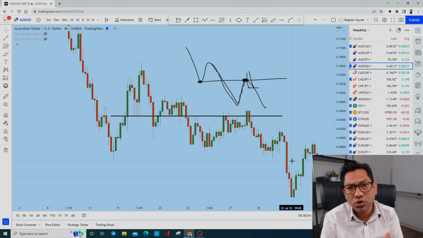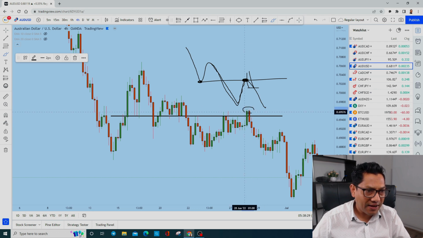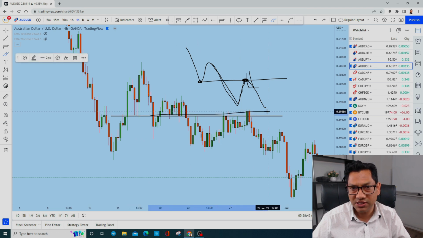And now when to sell is based on what kind of candle it is forming. So three questions: whose market is this, will determine whether to sell or buy. If you see this is a seller's market, a downtrend, we will be selling. Where to sell is previous support turning resistance, okay?